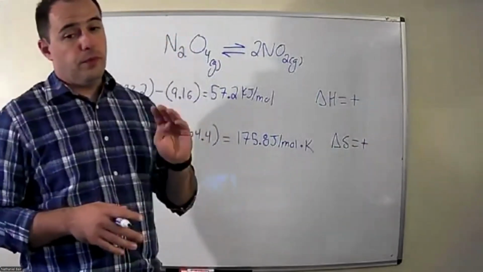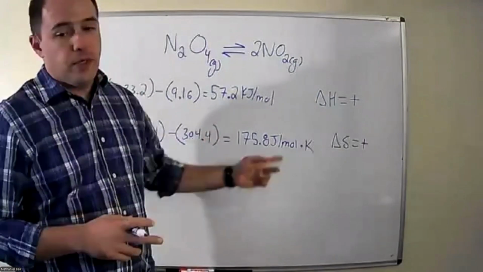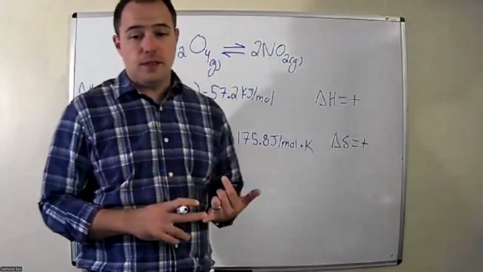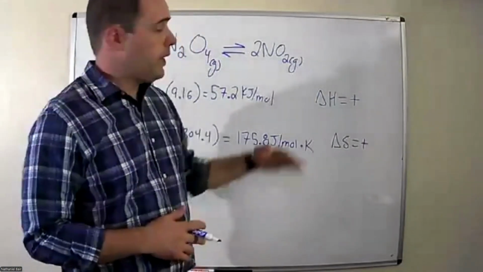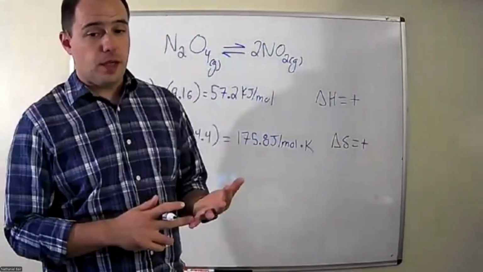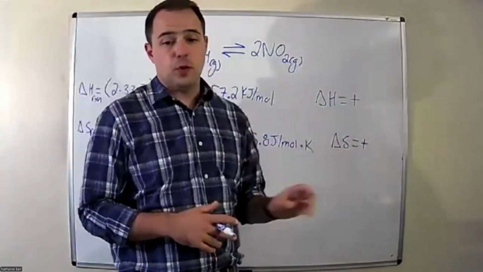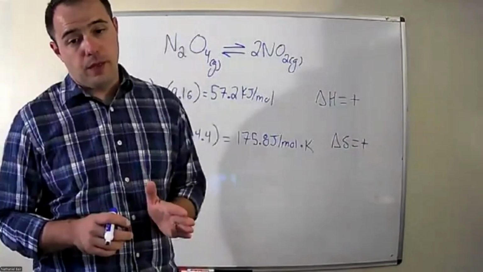Okay, remember the 4 different possibilities. Reactions that are exothermic and have an increase in entropy, they would be spontaneous all the time. We don't have that. Reactions that are endothermic and a decrease in entropy are never spontaneous. We don't have that either. We have endothermic and an increase in entropy. So we must have one of those temperature-dependent ones.